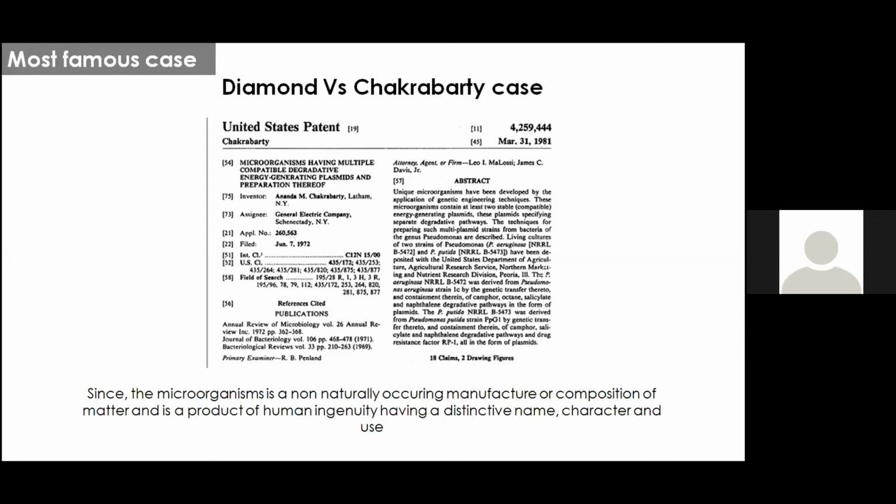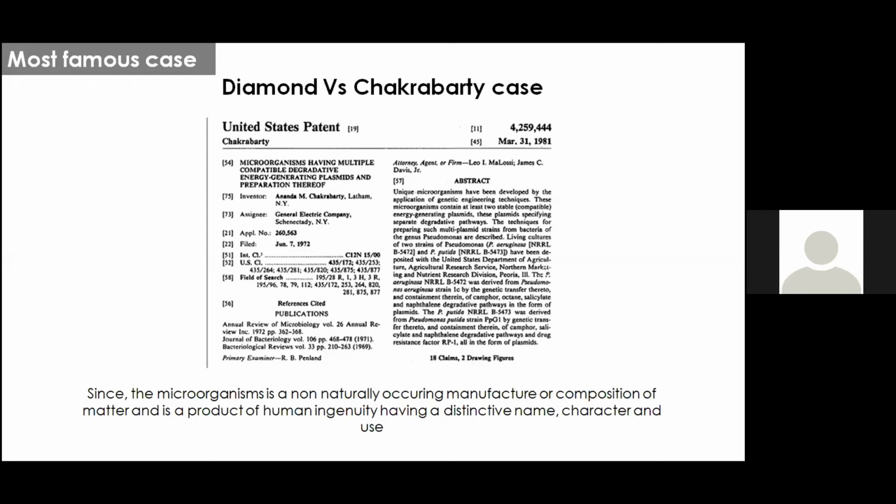in 1980-1981. According to the apex court verdict, the microorganism is a non-naturally occurring manufacture or composition of matter and is a product of human intelligence, having a distinctive name, character, and use.